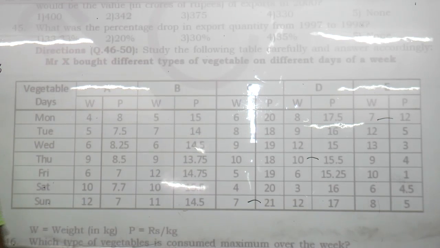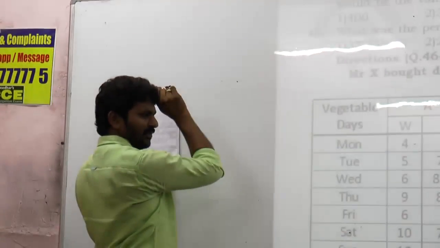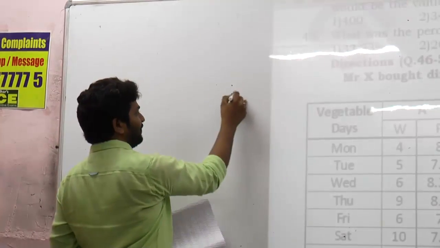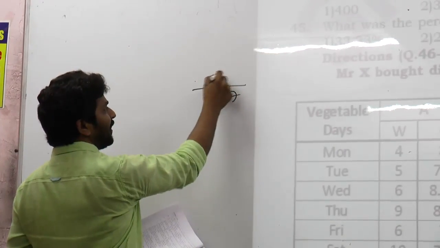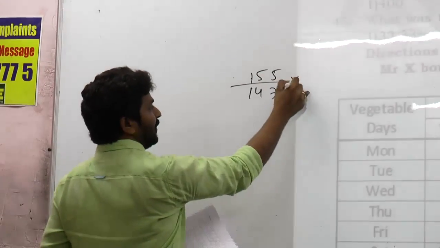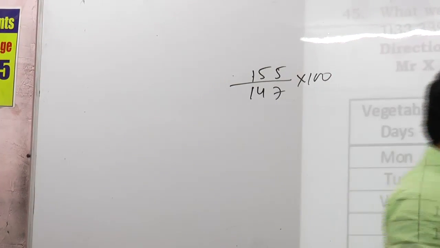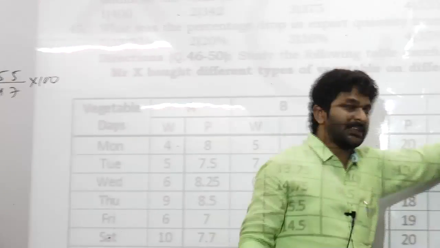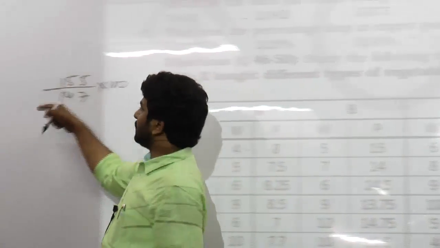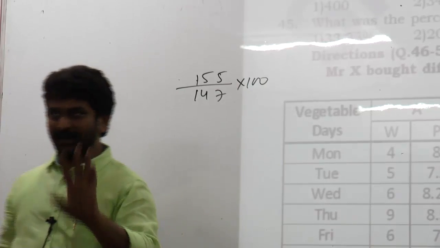Sunday C type of vegetables. 147, and that is 155. What percent, they say? 155 out of 147. Numerator is more than denominator, hence the answer is more than 100%.